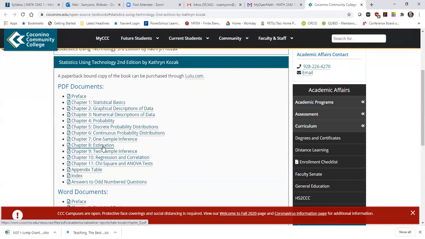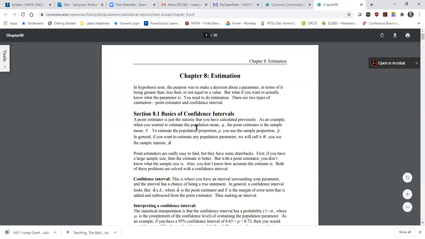Go to chapter 8, right? So actually we are halfway to the end of the semester, right? Okay. So this is talking about the basic confidence interval. Okay.